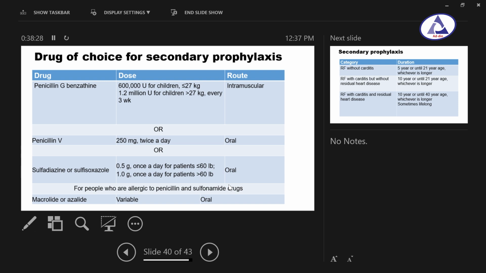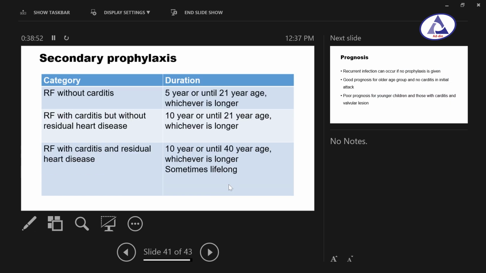This is penicillin V or phenoxymethyl penicillin orally. And if the child is sensitive to penicillin, then we have to switch over to sulfadiazine or a macrolide, erythromycin, orally.